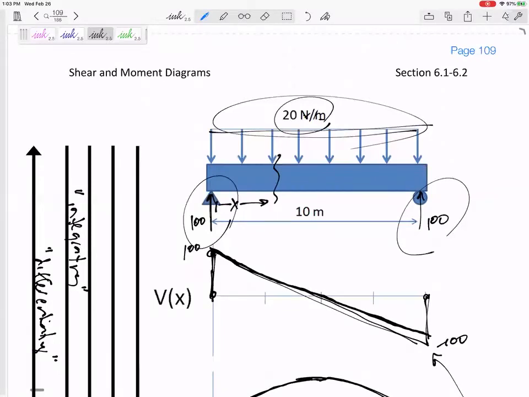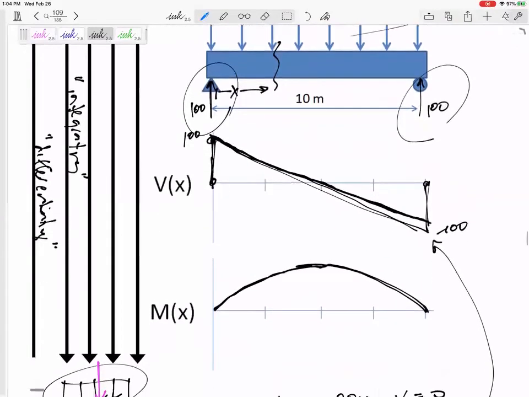I think the shear diagram is easiest to draw. The forces push your shear diagram up or down. If it's a force at one point, it immediately pushes it up. If it's a distributed load, it pushes it up and down gradually. Okay? Pushes it up and down gradually.